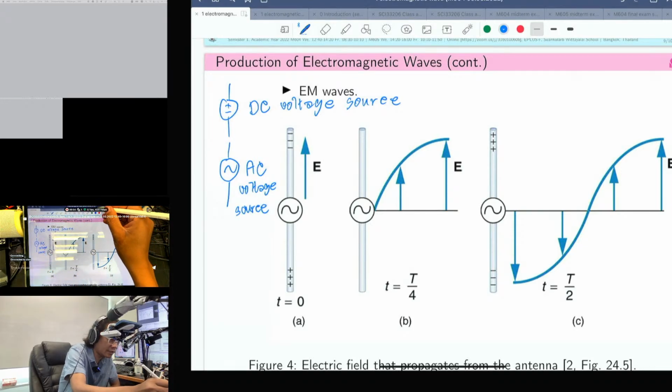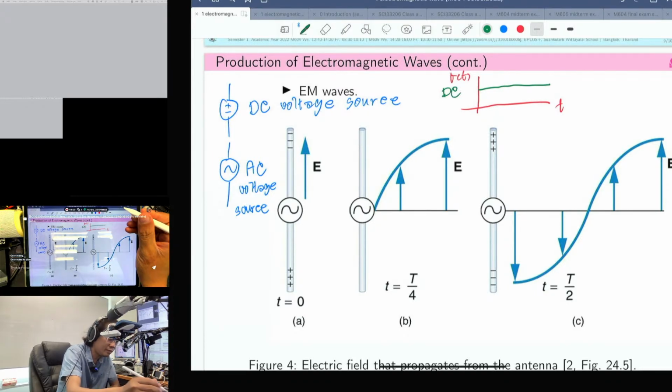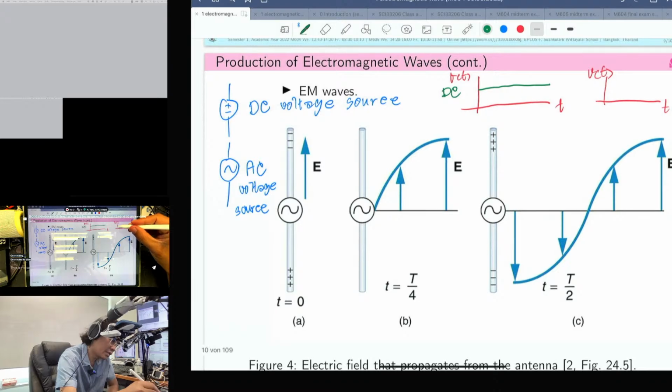So what is DC, direct current? This is time, and here is V(t). The direct current will give you a constant like this. This is DC. And for the AC system, this is V(t), the voltage depending on time. The alternating current will be somehow like this.